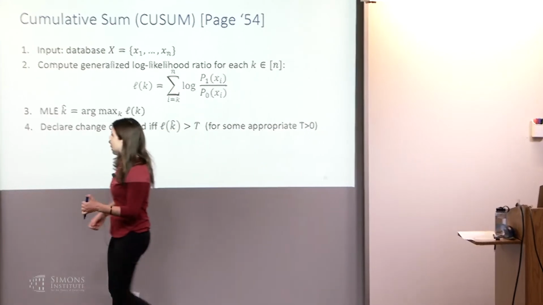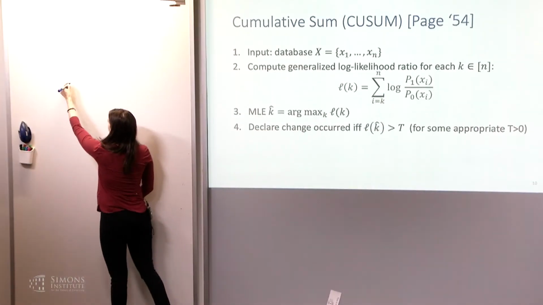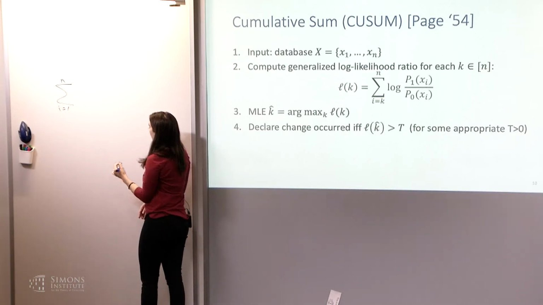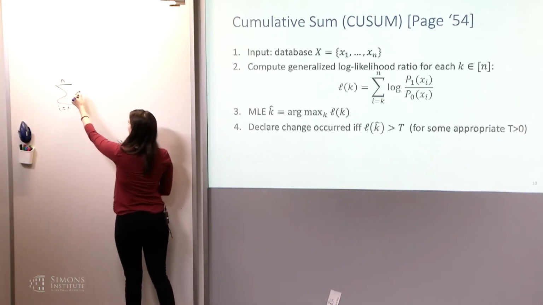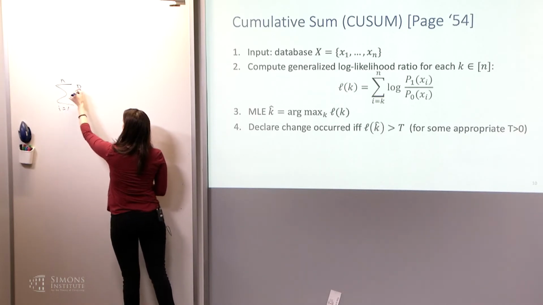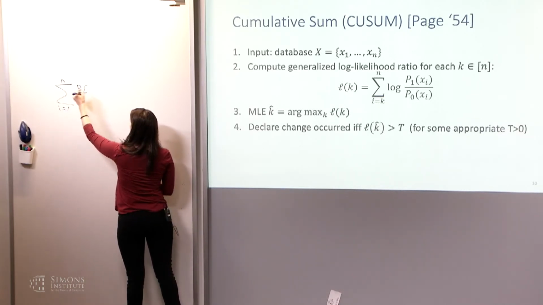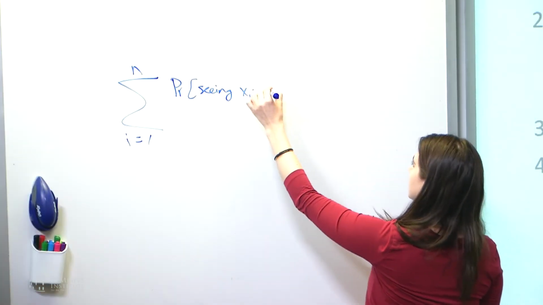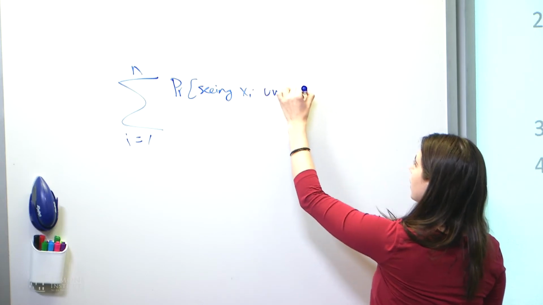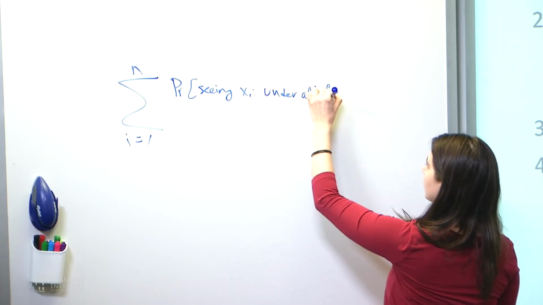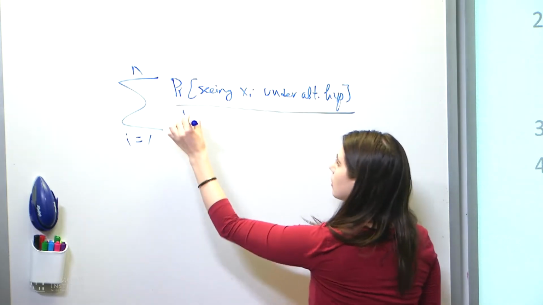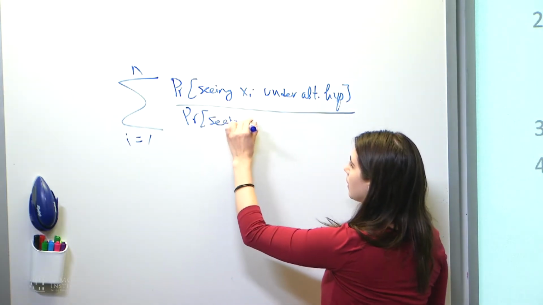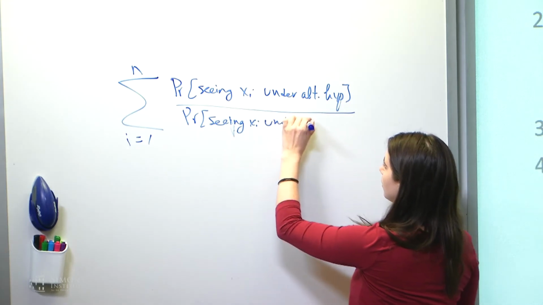Really, we're going to sum over all times the probability of seeing xi under the alternative hypothesis over the probability of seeing xi under the null.